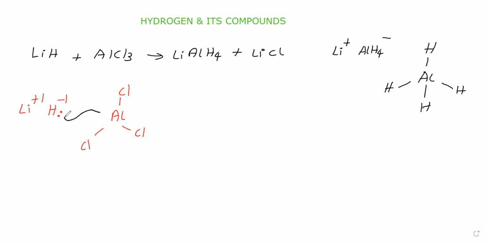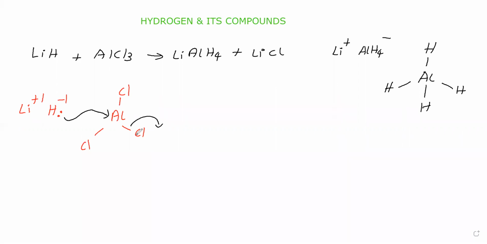Now this lone pair is donated here. This bond is shifting. So this comes out as Cl minus, and Cl minus and Li plus become LiCl.